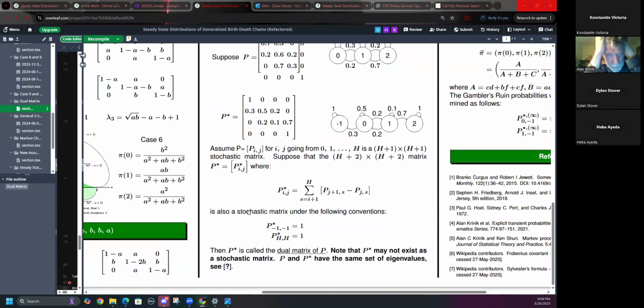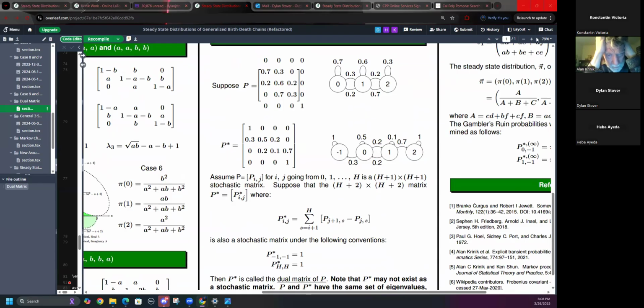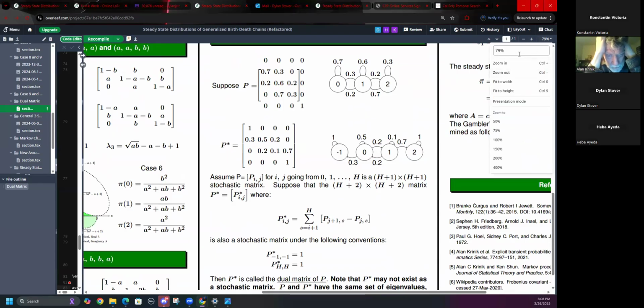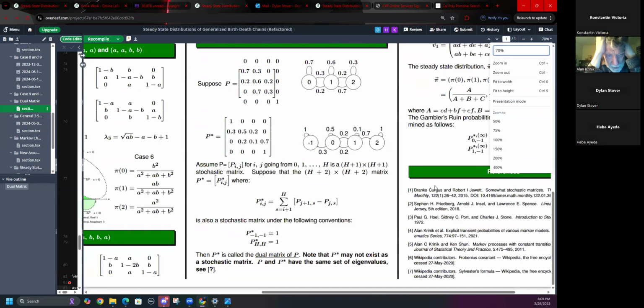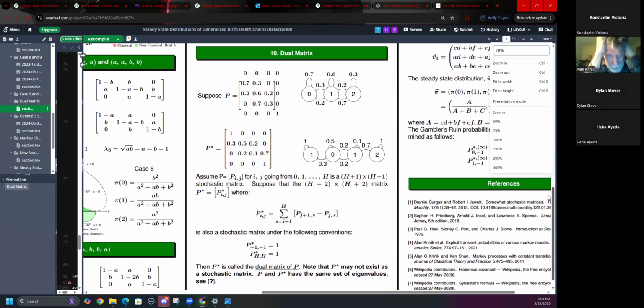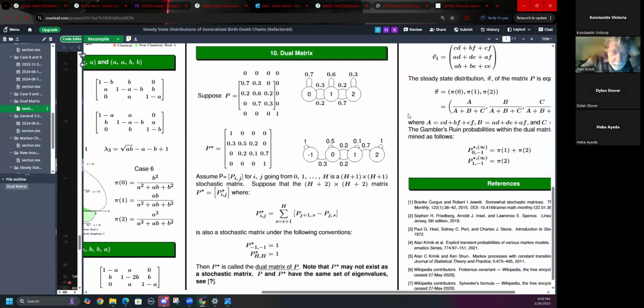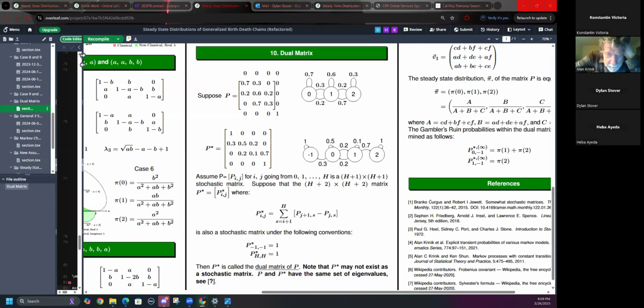This is the dual. Okay, this is tricky. So for the last couple slides here, we need to introduce a new idea. And the idea is if you have a matrix, such as the one that's inside this 3 by 3 matrix, the 0.7, 0.3, and 0, and so forth, that's a Markov chain that looks like a birth-death chain as diagrammed here.